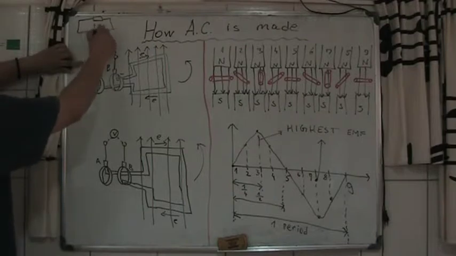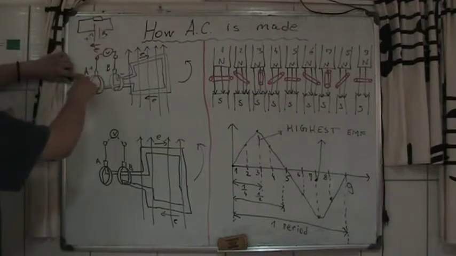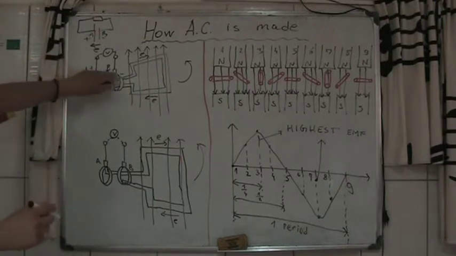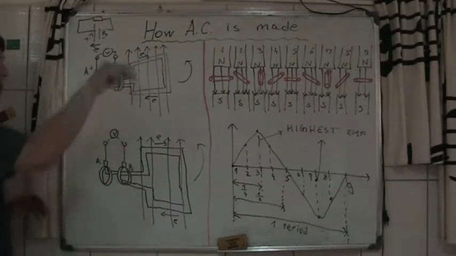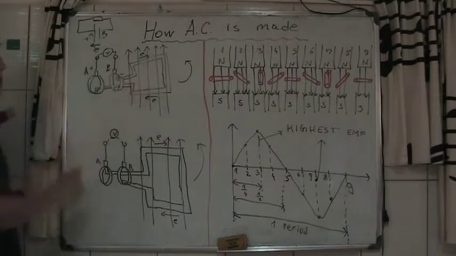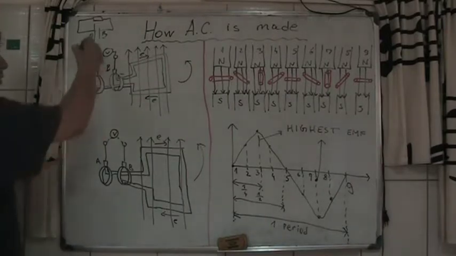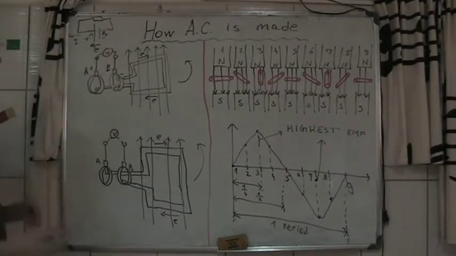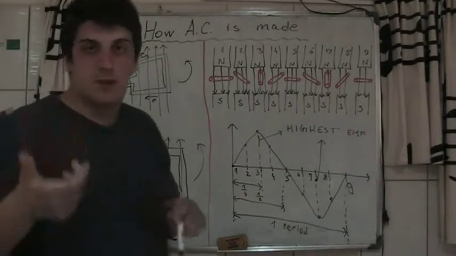This is A, B. This is brush A, this is brush B. The brushes always stay here, and the slip rings rotate with this conductor. So the current will go from A to B. Okay, so that's one direction.